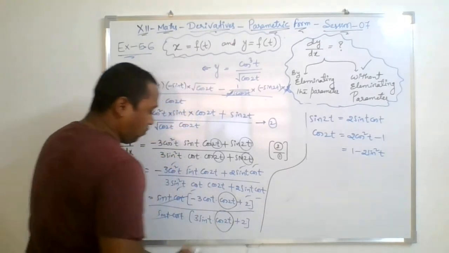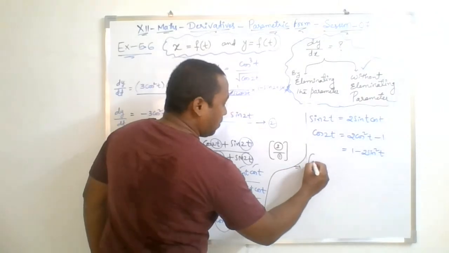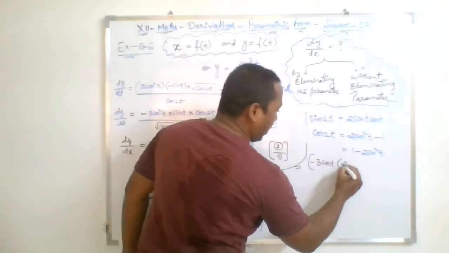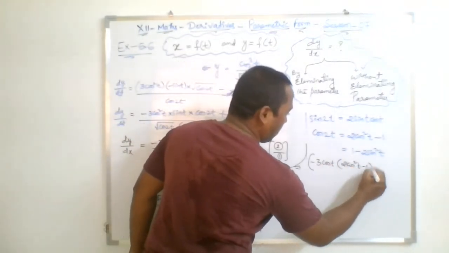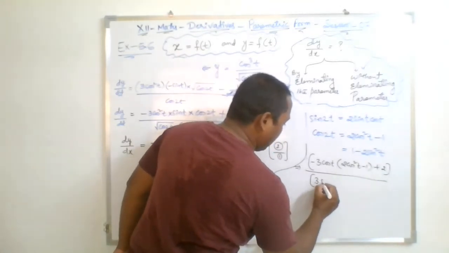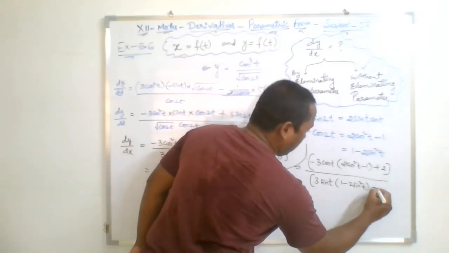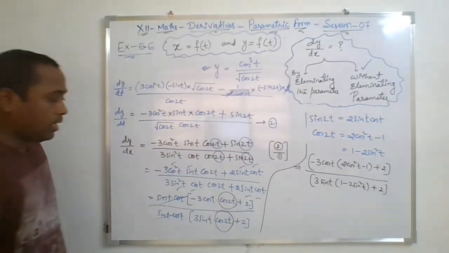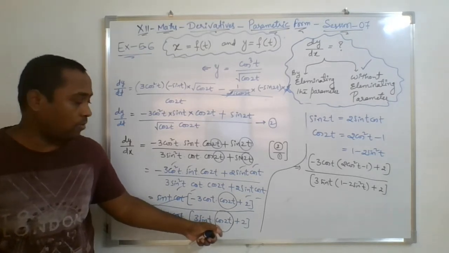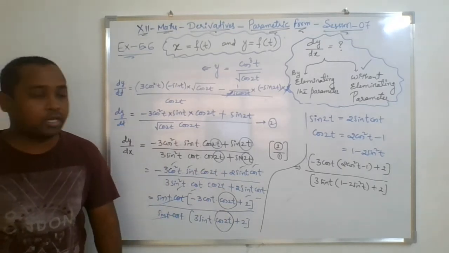So in the next step, minus 3 cos t into cos 2t, I am writing as 2 cos square t minus 1, plus 2, upon 3 sin t into 1 minus 2 sine square t plus 2. So what is the purpose? To write the cos 2t formula, one in terms of cos, the other in terms of sine. You must get that intuition, right?